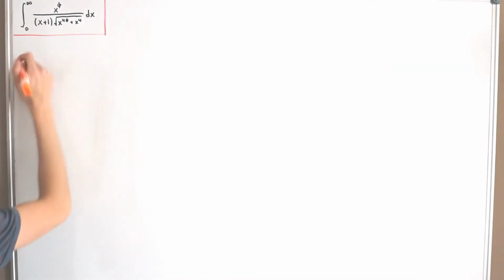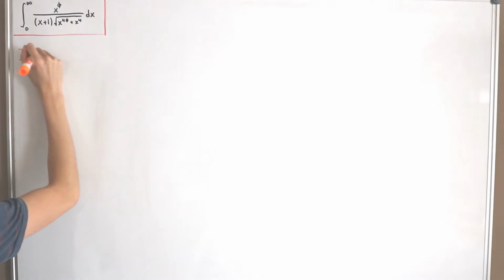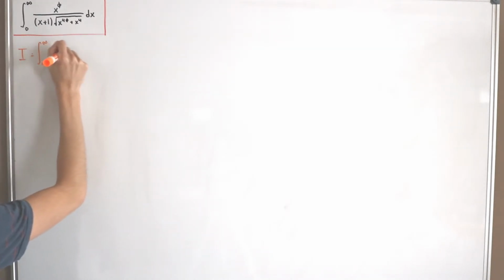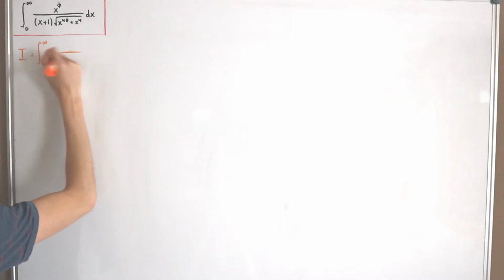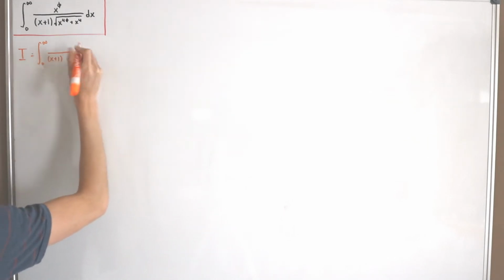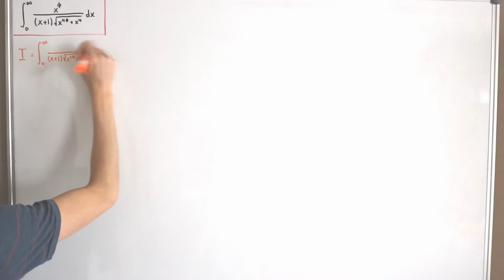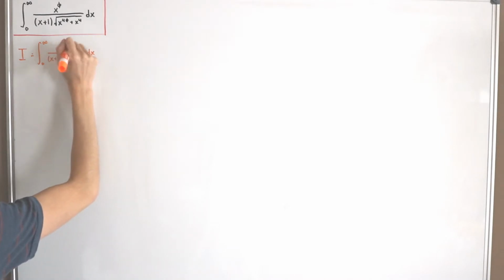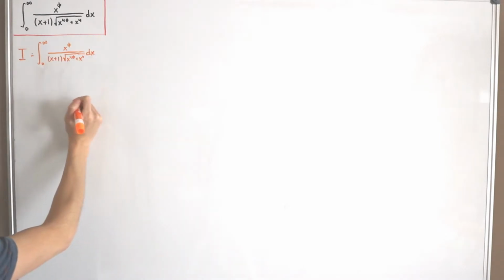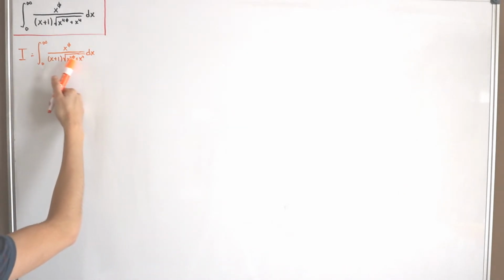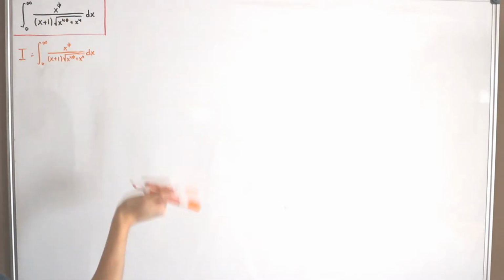I'm going to define our given integral as I, and I'll let this equal the same thing. Just to make things look neat, I'll write the denominator first: x to the 4 phi plus x to the 4th, and then x to the power phi. I'll factor out an x to the power 4 from inside the square root, and we can take that square root, which gives x squared.